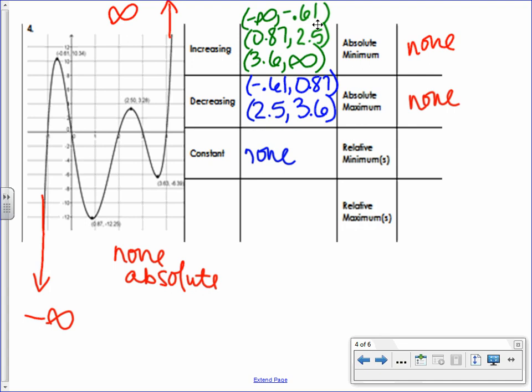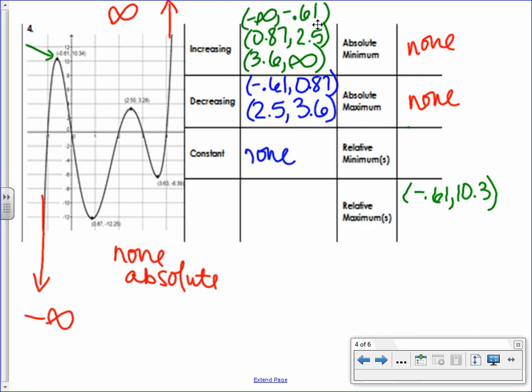My first maximum that I'm going to be looking at is right here. So my first relative maximum is going to be the point negative 0.61, and I think the y value is about 10.3.